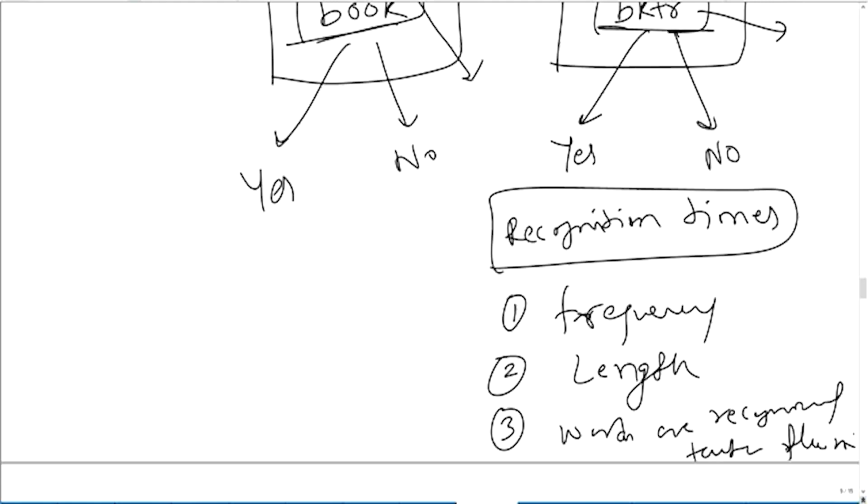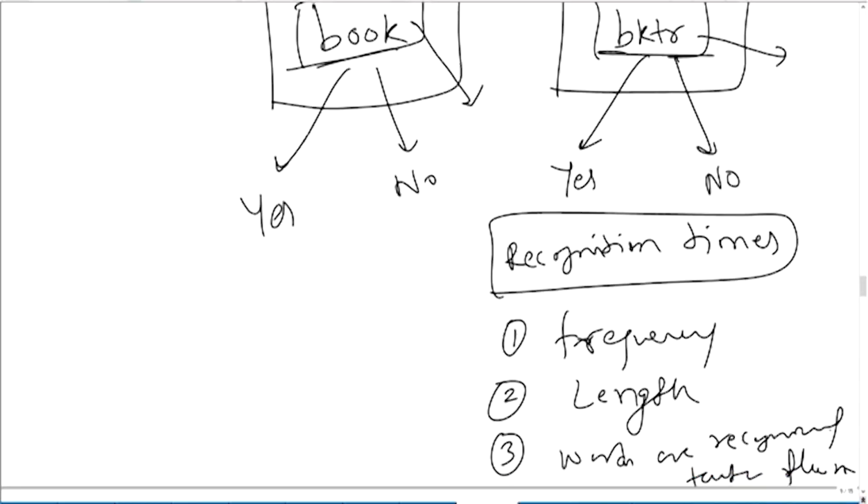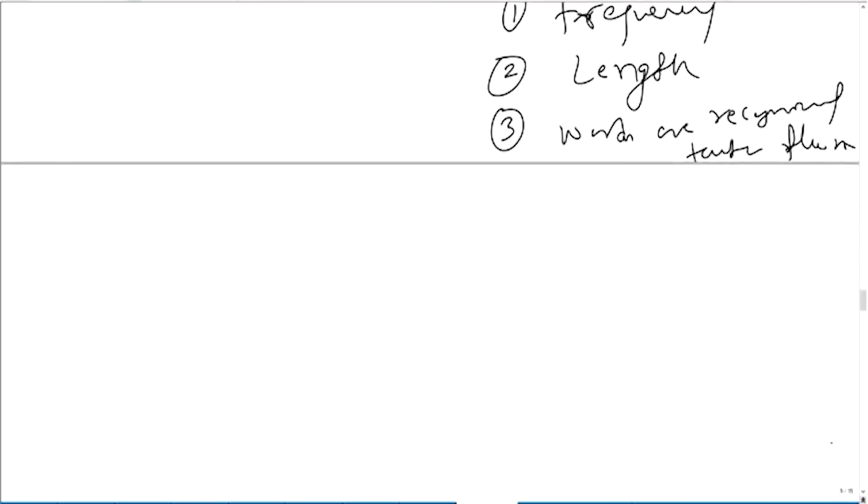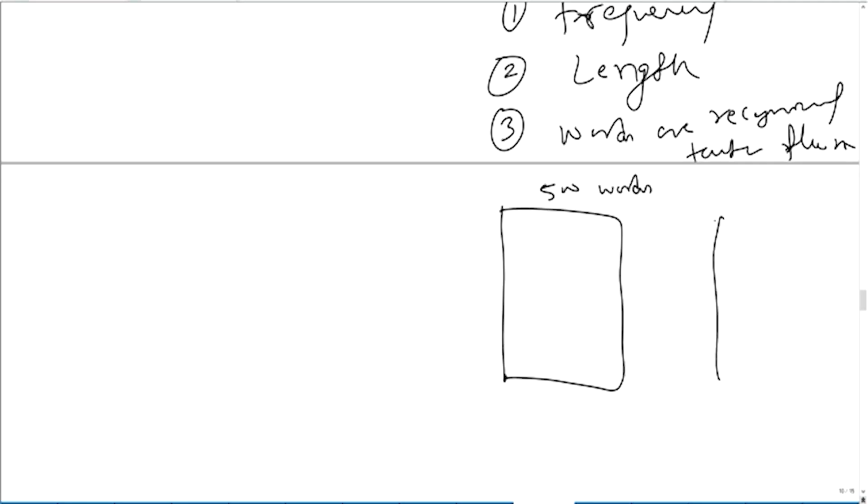Now, in order to test these hypotheses, the real life experimentation happens like this. What we do typically is that we take a list of words and non-words. Let's say you take 500 words and 500 non-words, or let's say 250 words and 250 non-words, whatever way you want to do it.